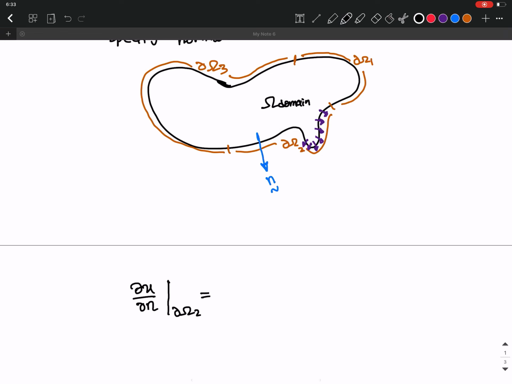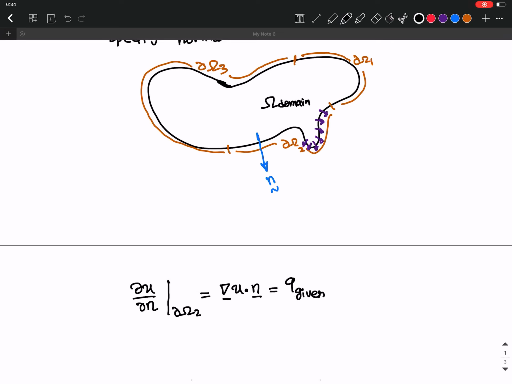This can also be written in terms of the divergence, so you take the divergence of your velocity field, or u field, with the normal vector. This will be a given number, okay?